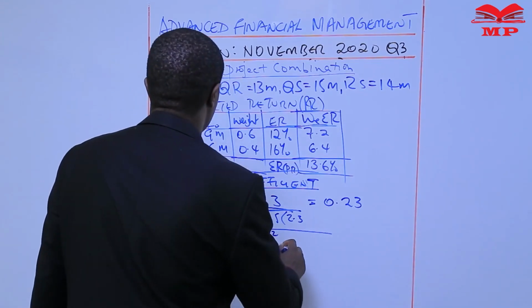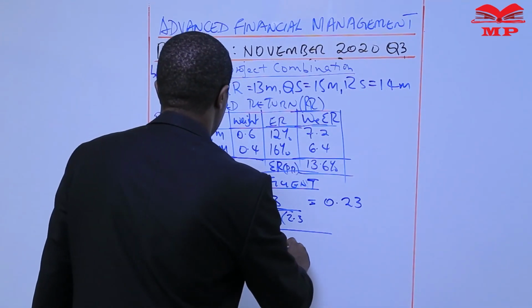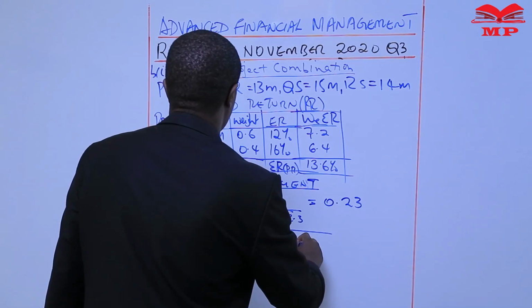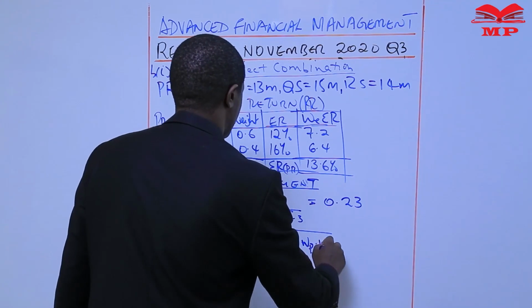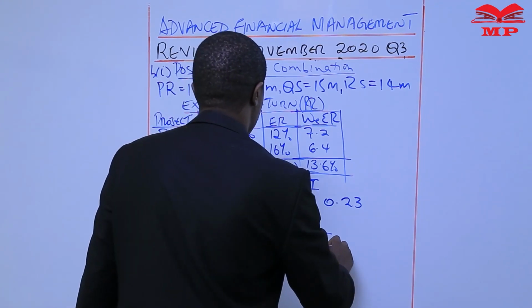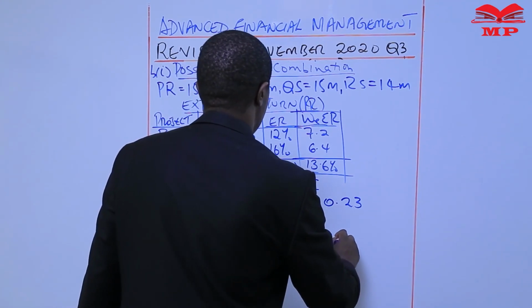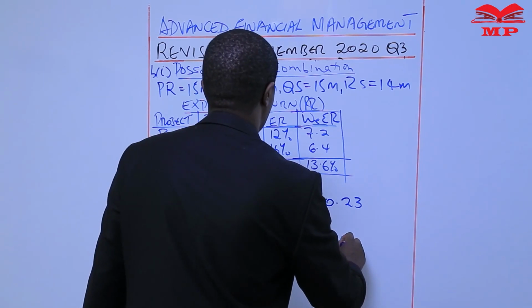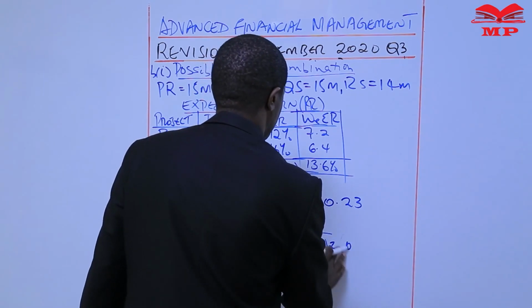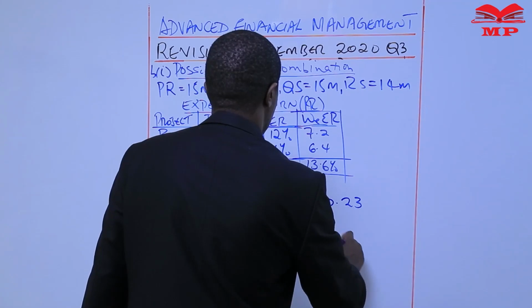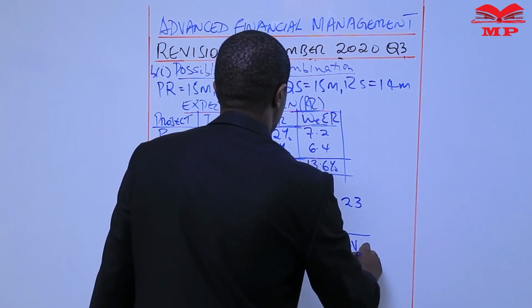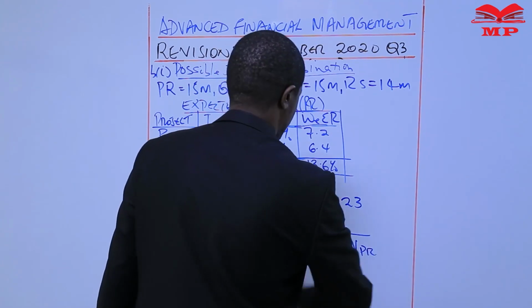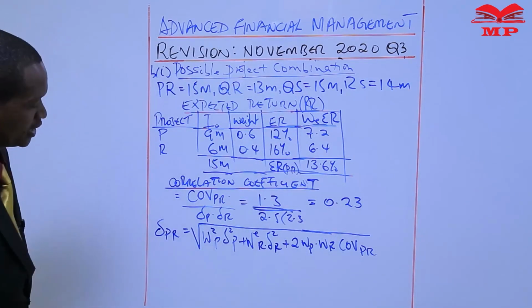Then candidates, we add 2 times the weight of project P times the weight of project R, then we multiply by the covariance of PR.